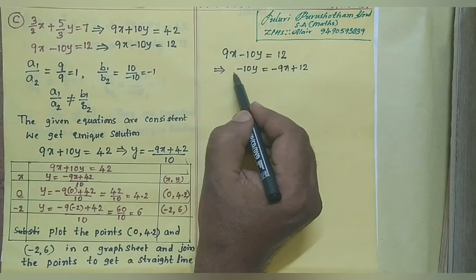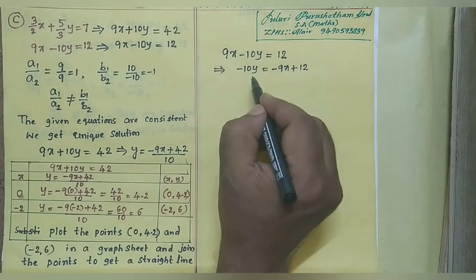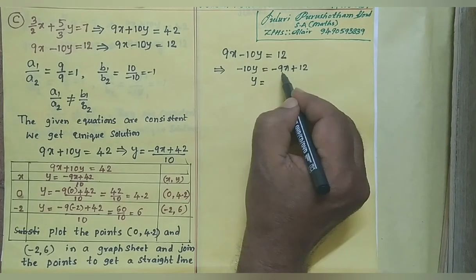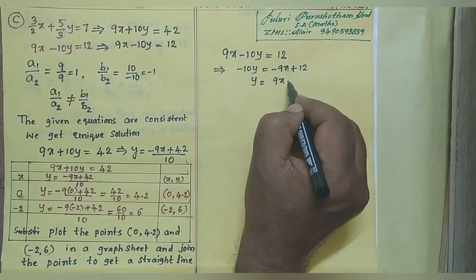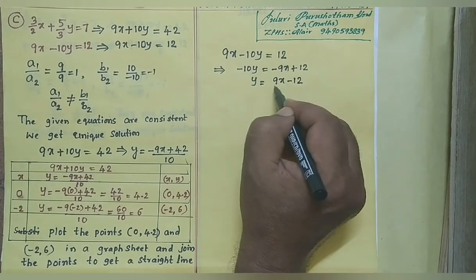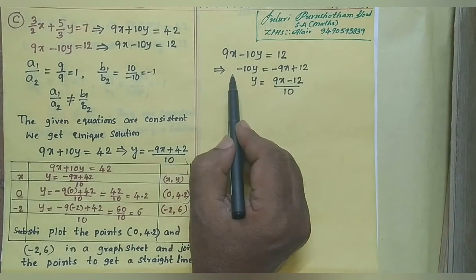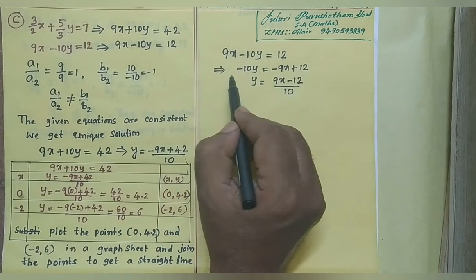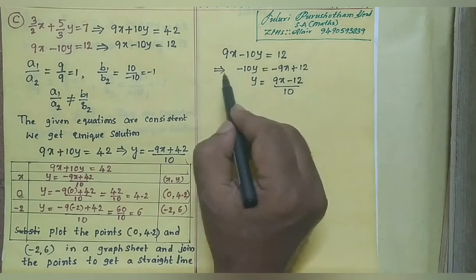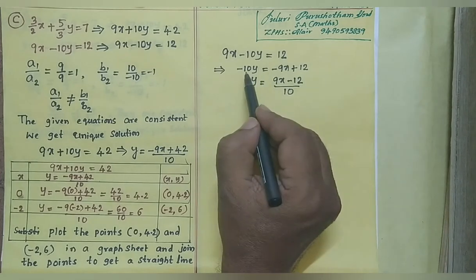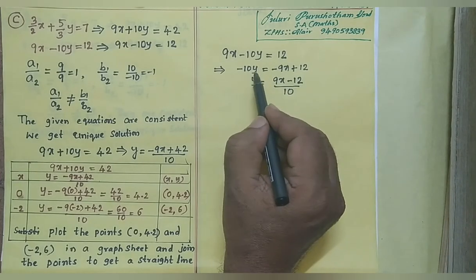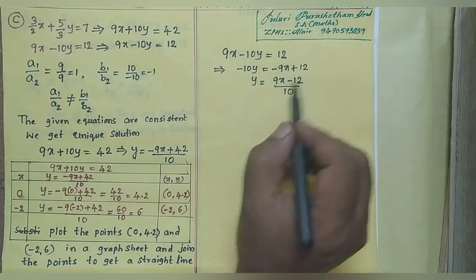If we delete this minus symbol, or multiply both sides by minus, all the symbols will be changed. That means y is equal to 9x minus 12 divided by 10. Now listen carefully here. The 10 is multiplied with y, so the 10 shifts to this side and becomes divided by 10.